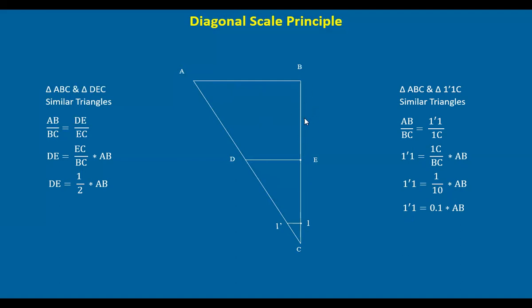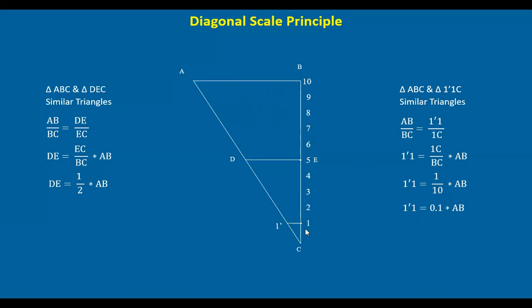That means when you take a point at a distance of 1/10 of BC, this 1 dash 1 will be 0.1 of AB. This is the same principle we are going to use here. To get 1/10 in AB, you have to take 1/10 of the distance on BC. So let us apply this and see how it is used.